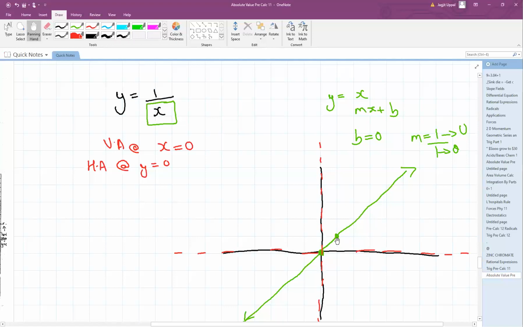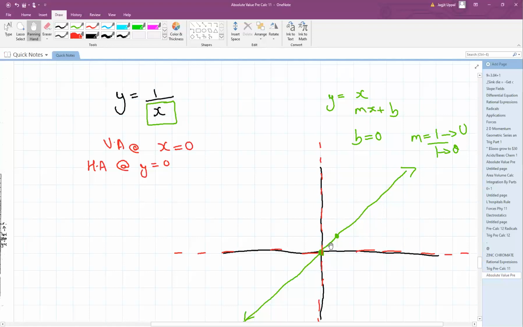Now look at the original, the green graph. Sean, what's happening to the y values? They're becoming smaller. Let's say it's like 0.01. What's the reciprocal of 0.01? 1 divided by 0.01 is going to be 100. So what I'm trying to say is, when you take the reciprocal of a really large value, you will get really small values.